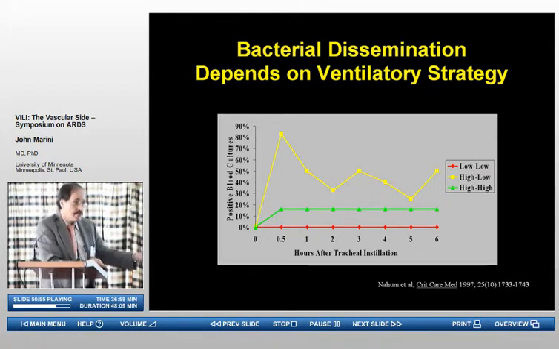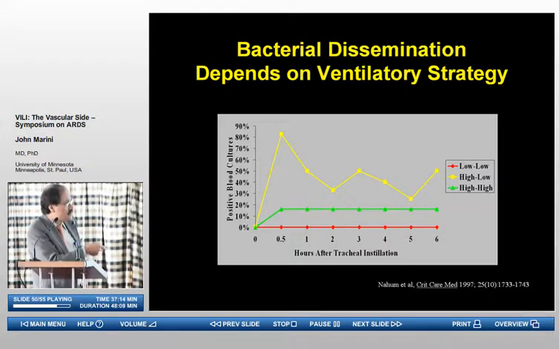This is long before you establish an infection. These are not infective doses of tracheal inoculum. This is an important point, I think. And Verbrugge showed the same thing.